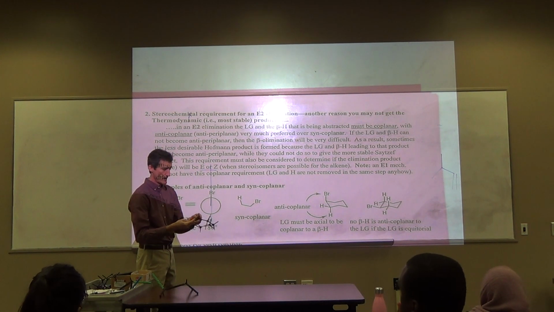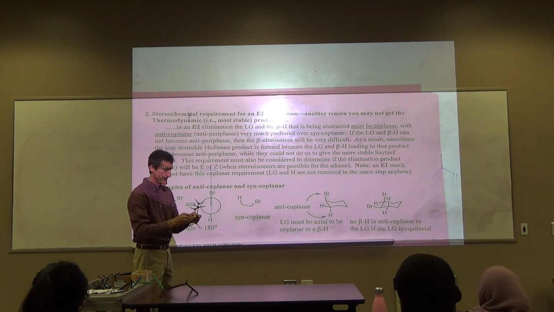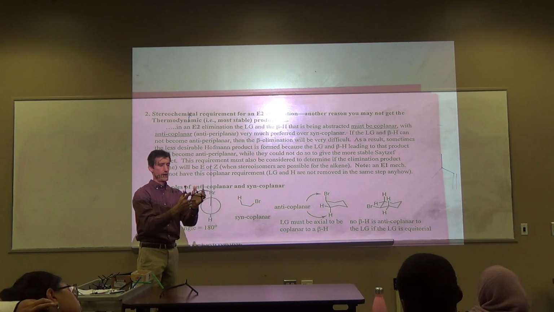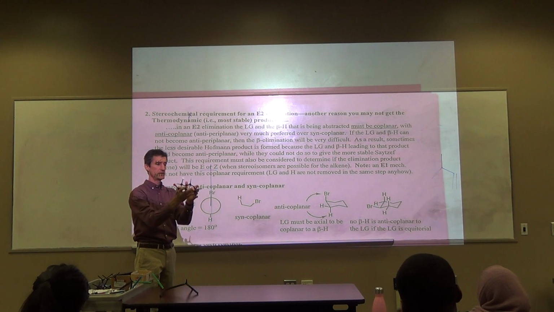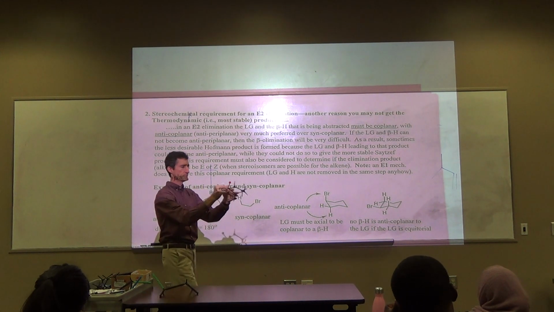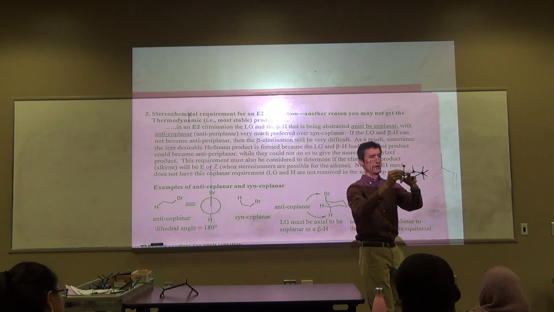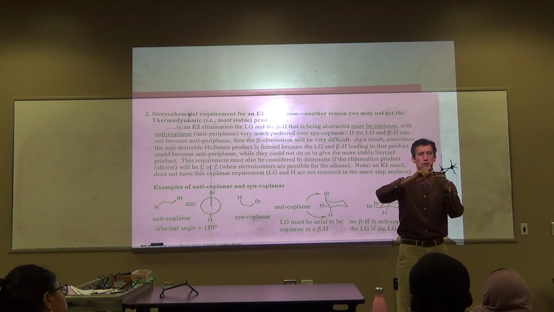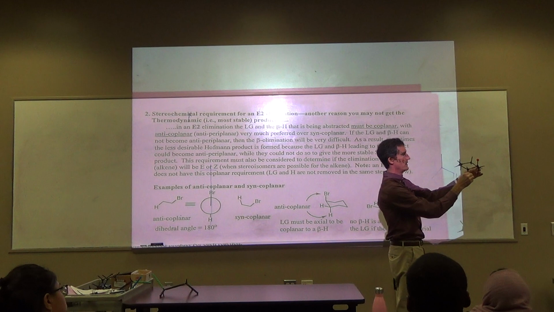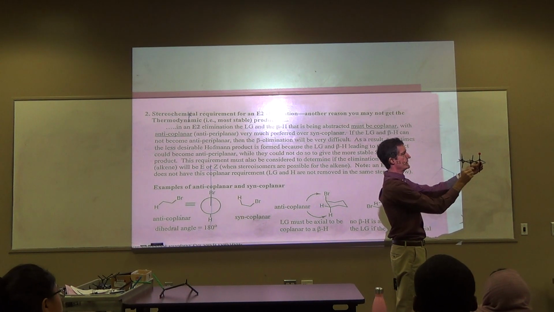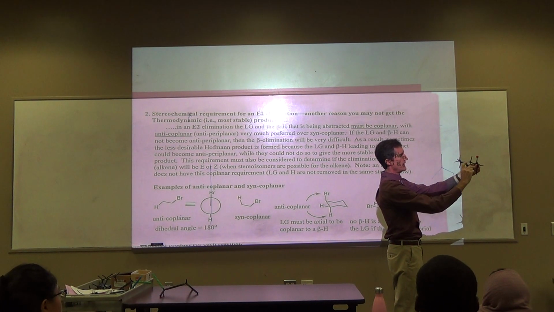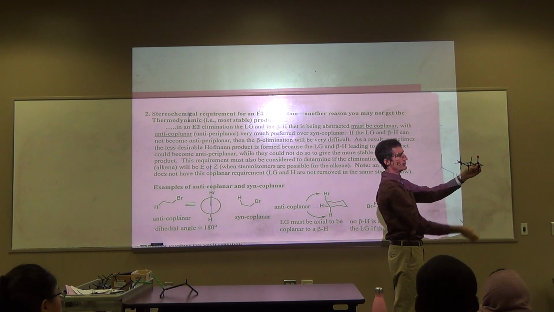If we make the bromine red, and let's put a chair conformation. Bromine red. Let's look at the beta carbon with 2 H's on it. Which H is anti-coplanar to the bromine?